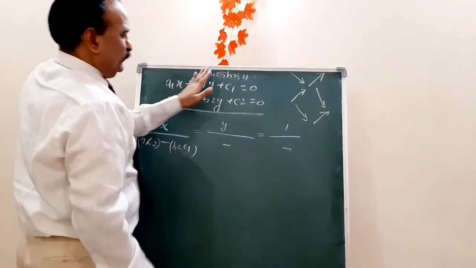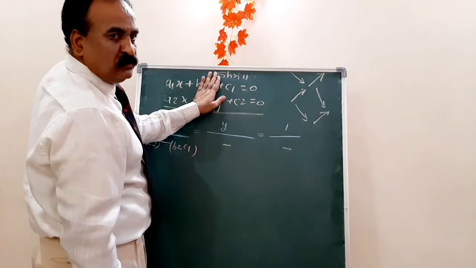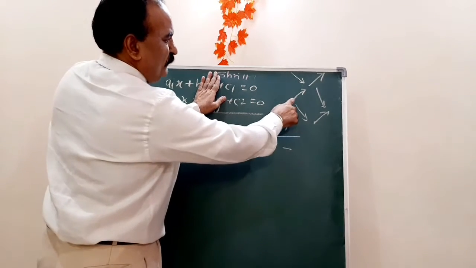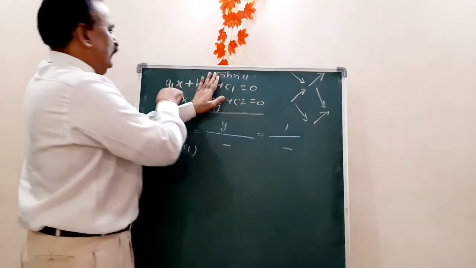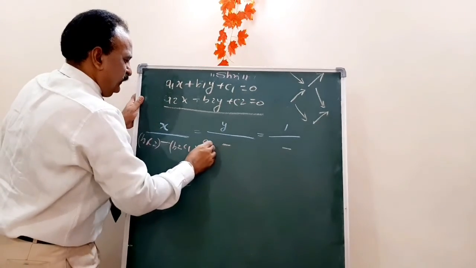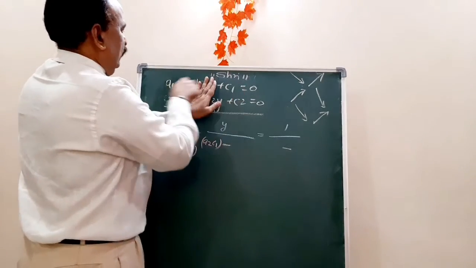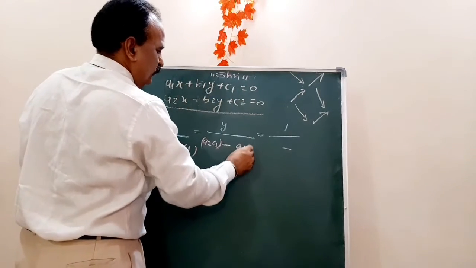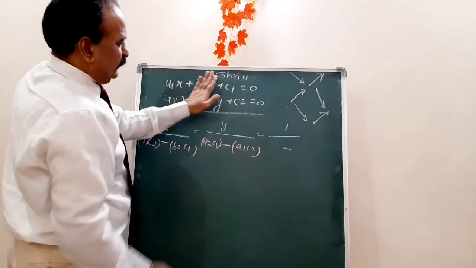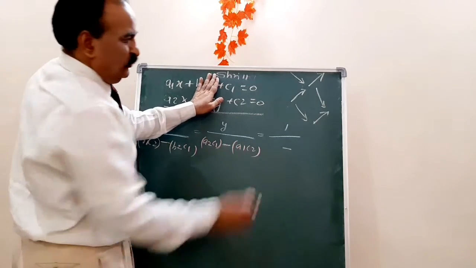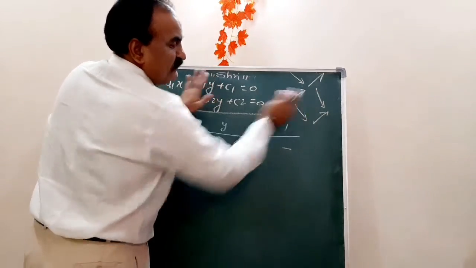Now for y upon, just close this y. How do you have to multiply? Like this. It means a2 c1 minus a1 c2. When you close this y, you multiply like this minus this.